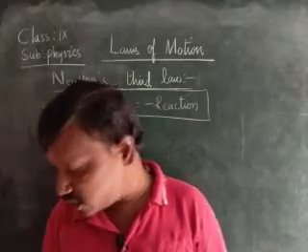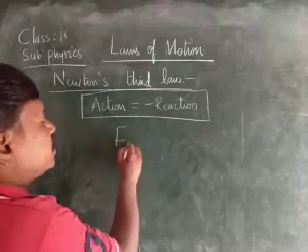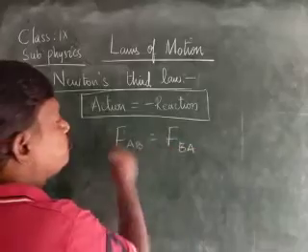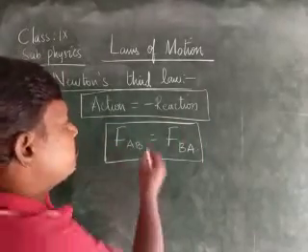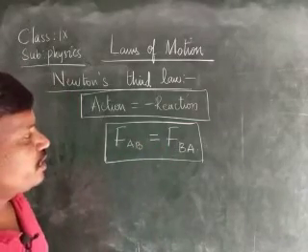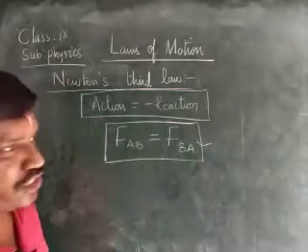The action and the minus reaction. Here it is given that force of AB is equal to force of BA. Therefore the force acting on AB is equal to the force acting on BA. This is about action being equal to minus reaction, children.